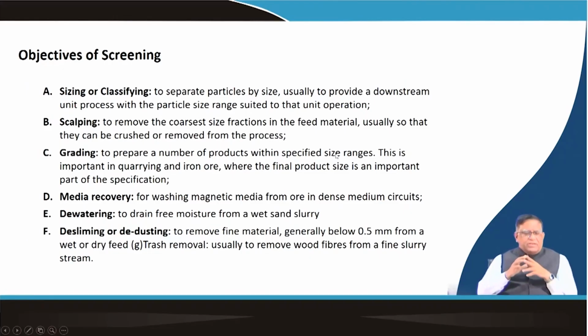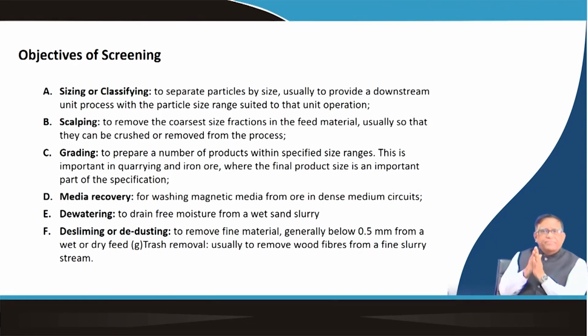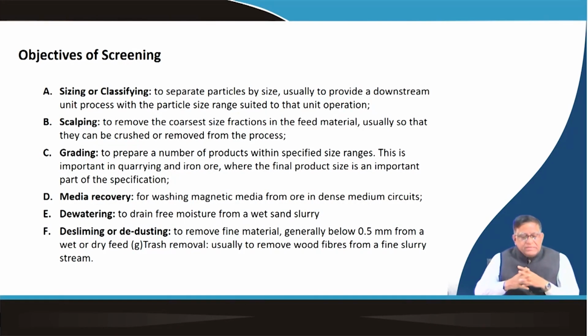As I said, the objective of your screening is sizing or classifying, because different people will require different types depending on where they are using it. So you are separating by size; sometimes you will allow only the circular things to go through, so it can be screened shape-wise also.